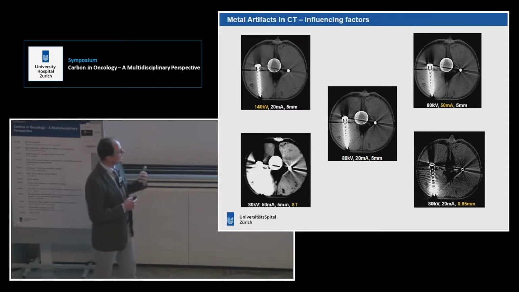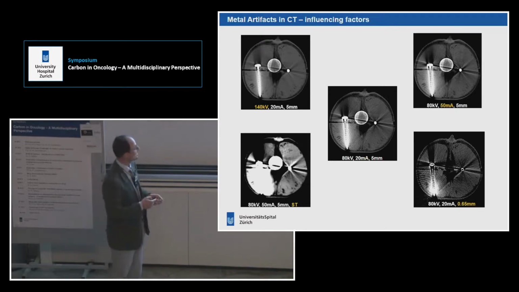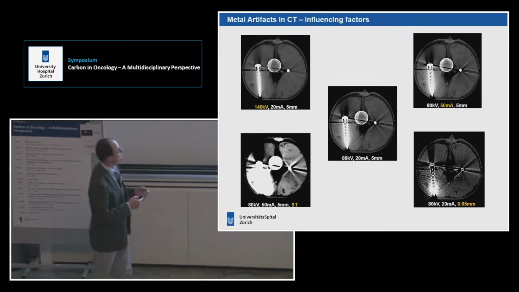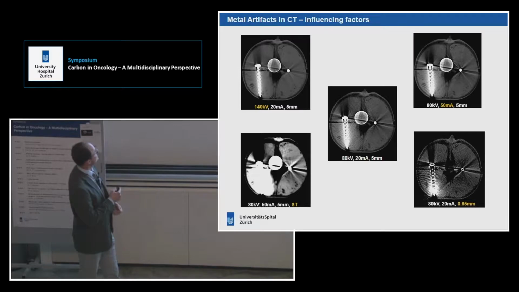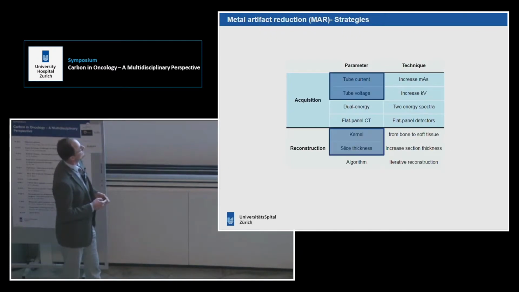So we do have many factors affecting the artifact amount, not only the metal itself, be it copper or titanium or carbon or whatever, or the geometry of the metal, but also on the acquisition side the tube voltage and tube current, and on the reconstruction side the slice thickness and the kernel.